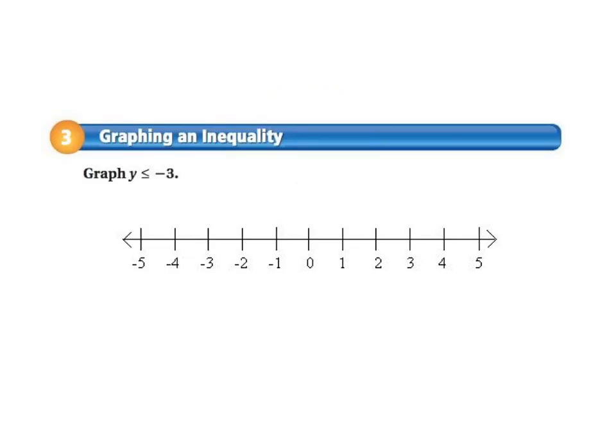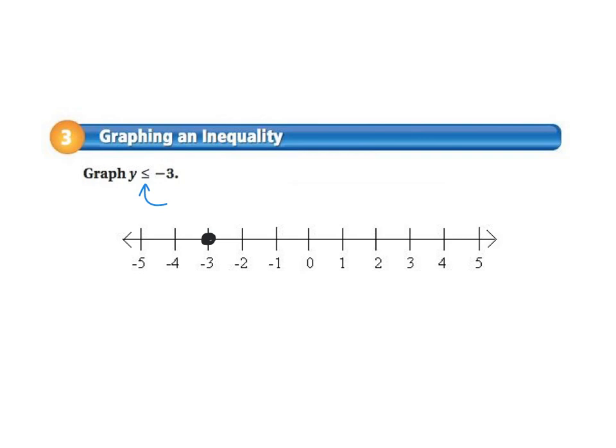Okay, so let's give this one a try. If I read this inequality, it's read y is less than or equal to -3. So I'm going to find -3. And since I see that or equal to part, since I see the line, I know that I need to use a closed circle.